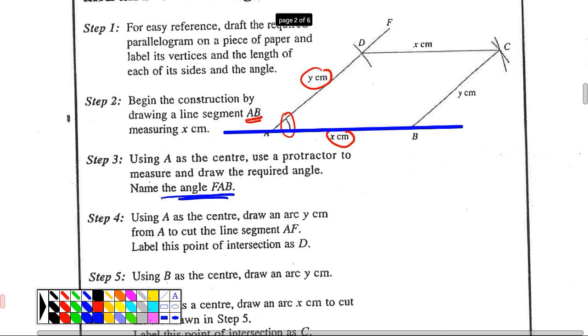First, let me capture a protractor. Okay, let's start.